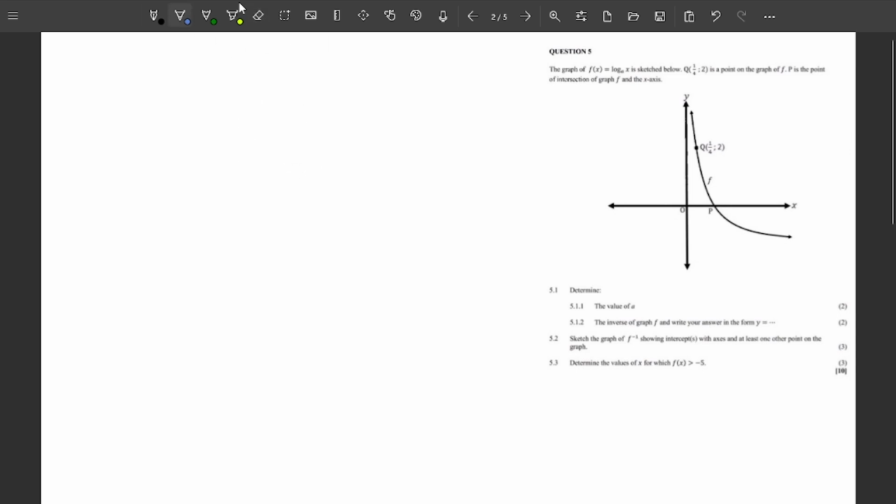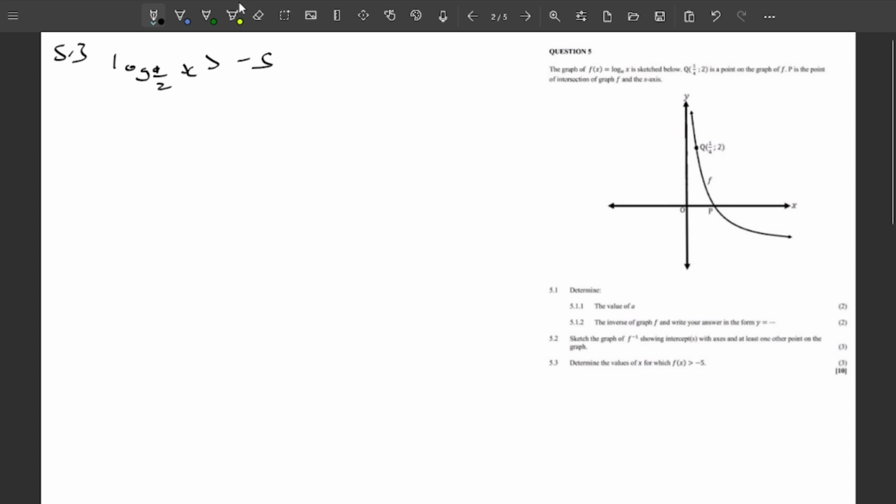Erase. Going to the last question, which is 5.3. Now for 5.3, they said determine the values of x for which f of x is greater than -5. Okay, so you're just going to say log base 1 over 2 of x is greater than -5.